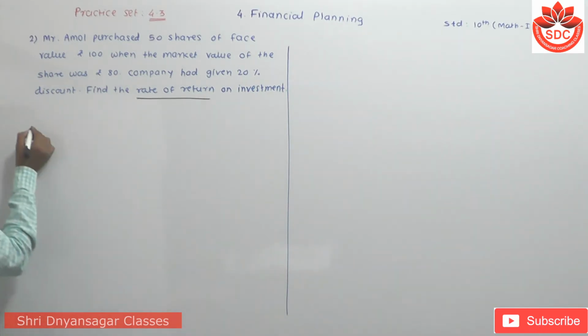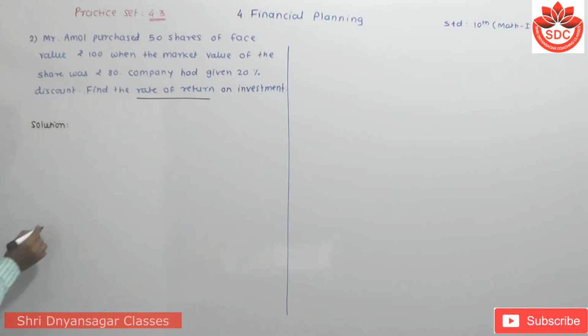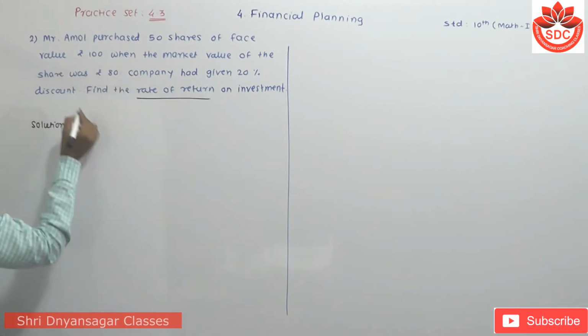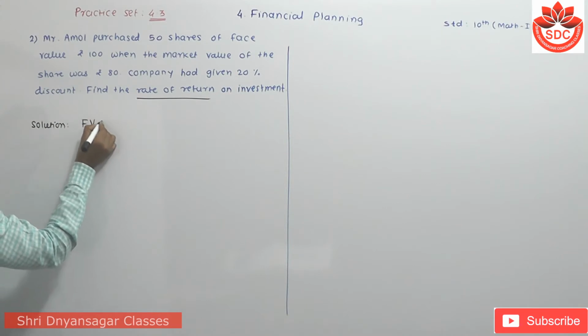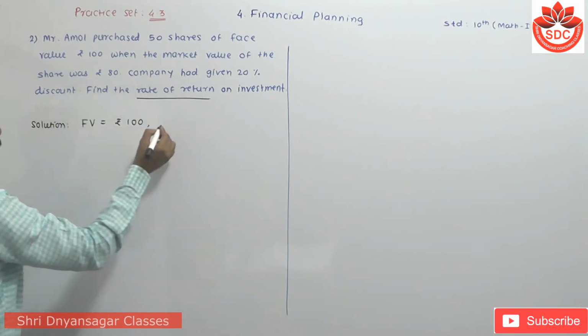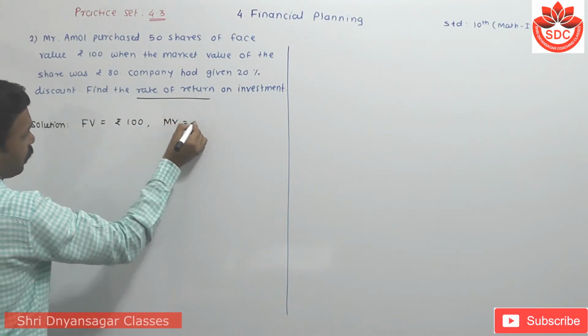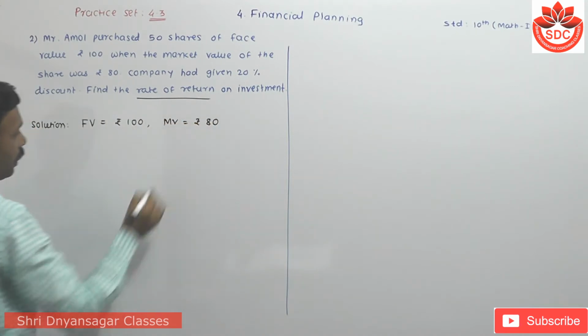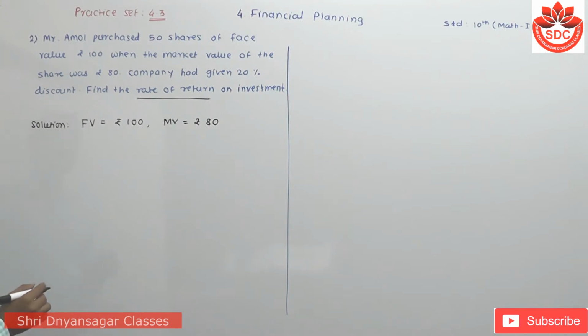Means that its solution is, here face value is given is equal to rupees 100. Then market value is also given. MV is equal to rupees how much? 80. Means that here the investment per share is rupees 80.